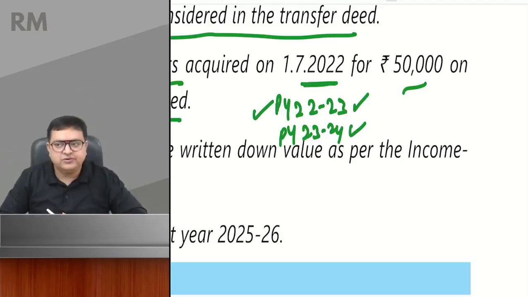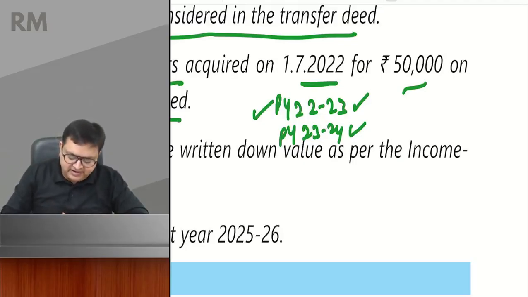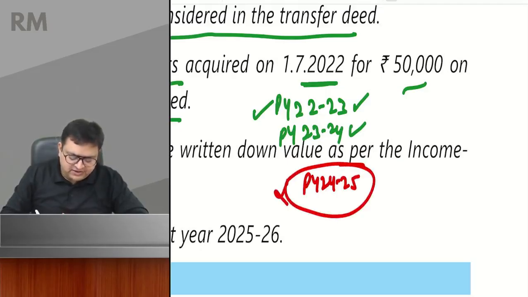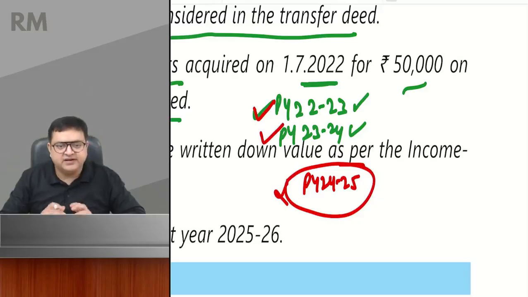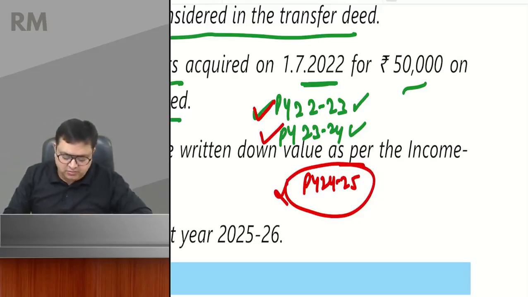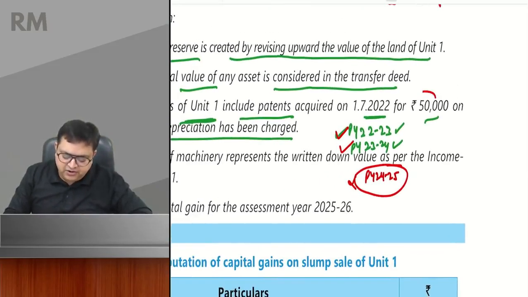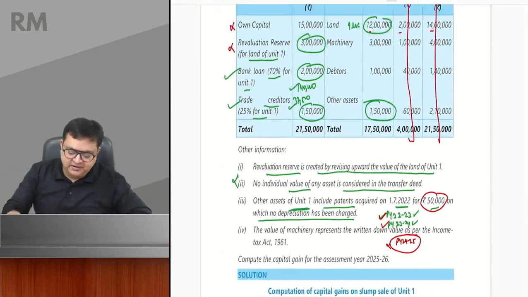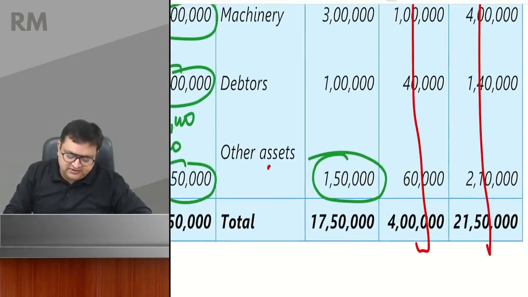Then in previous year 24-25 you are selling it. If you don't charge depreciation this year, that is fine. But at least these 2 years there should be depreciation. How much? 25%. On what amount? 50,000 rupees.